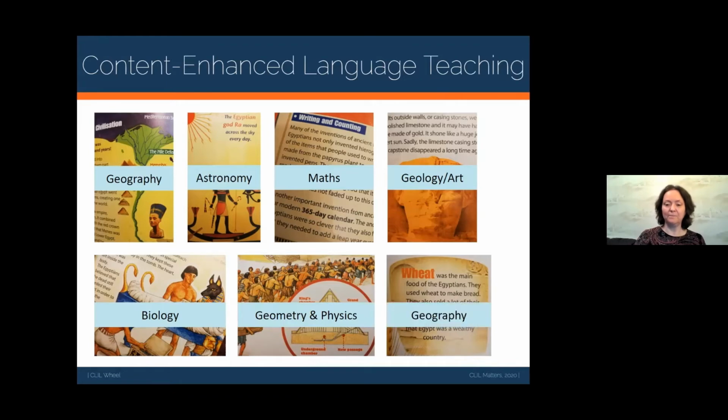Talking about agriculture, wheat, okay, what's the situation with wheat production now? So geography again. So content, or also called content enhanced language learning, can give you endless options.